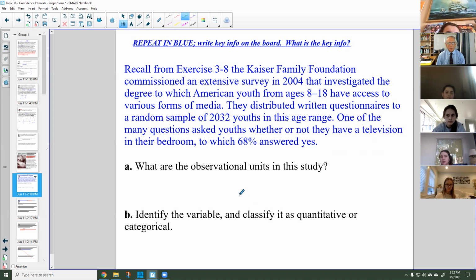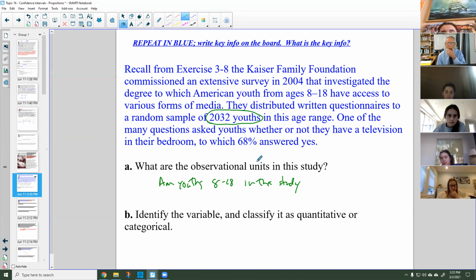Would it be the American youth from ages 8 to 18? I think it would be. American youths 8 to 18. In this study, I want to be a little bit more precise, because we're not looking at all American youths. Our observational units are really only these 2,032. You follow me here? Everybody follow what I'm saying here?